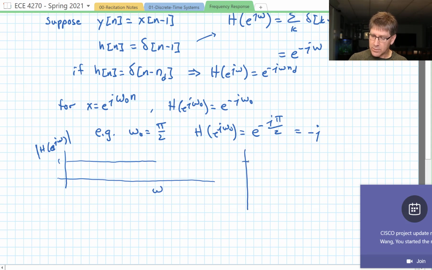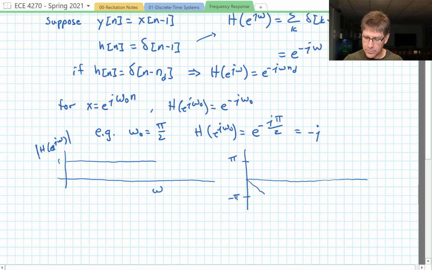The angle here is going to be ranging between pi and minus pi, because if it's anywhere outside of that, we can always put it back in that general range. It'll start out at 0, and it will decrease, wrap around, and just keep decreasing like so.